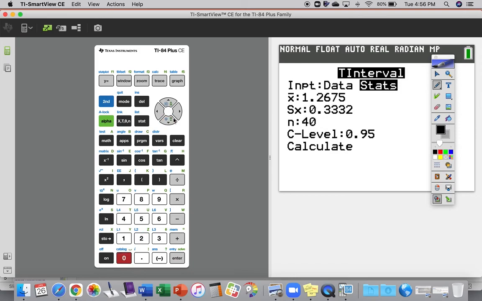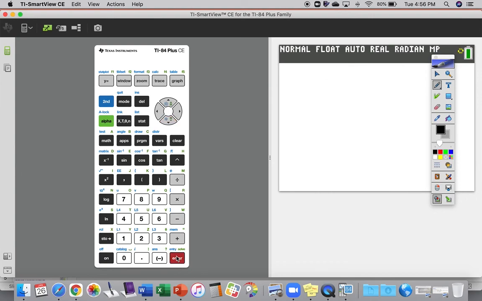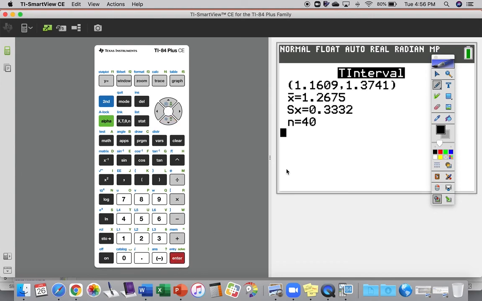The confidence level 95. The calculator will handle everything. It will get t star. It will tell you degrees of freedom is 39. It will do sigma over square root of n. So you don't do any of that. Nothing. Doesn't need to be done. You calculate it. You can see here that it gives you the answer, 1.16 to 1.37.